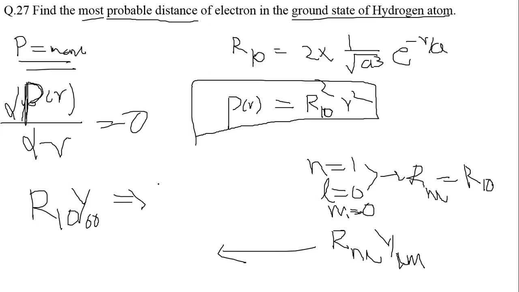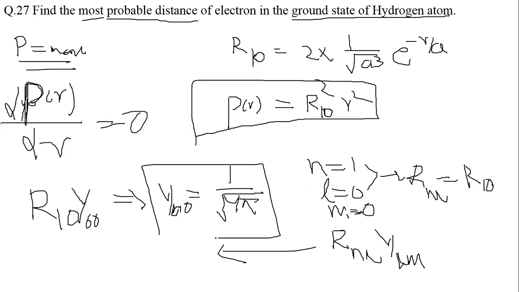The value of Y00, the spherical harmonics, is 1 by root 4 pi. So when you put all the values, what is the total wave function of the hydrogen atom?